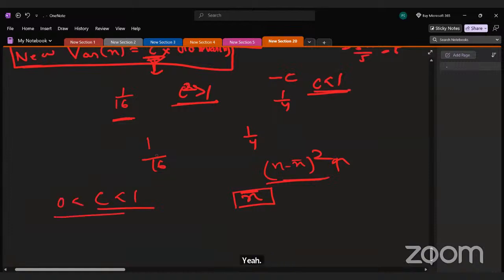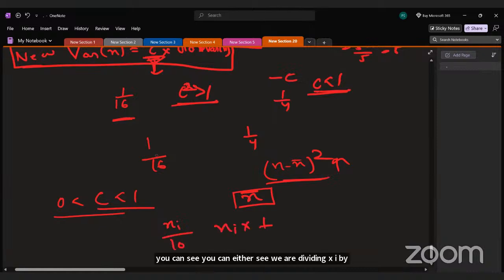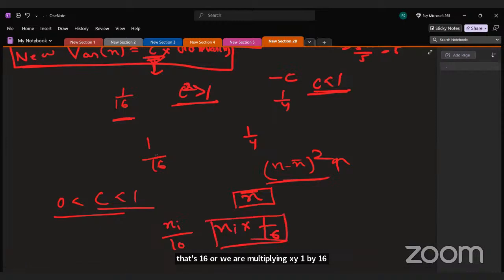Then we are dividing the data points. You can either say we are dividing xi by 16, or we are multiplying x by 1 by 16.